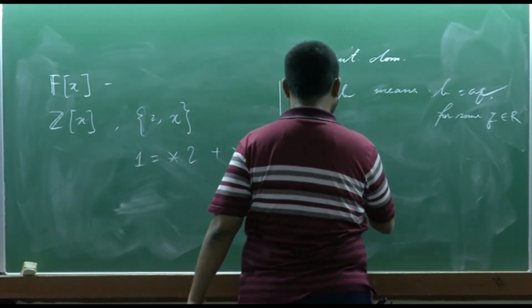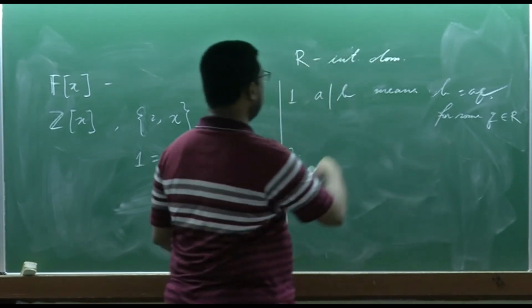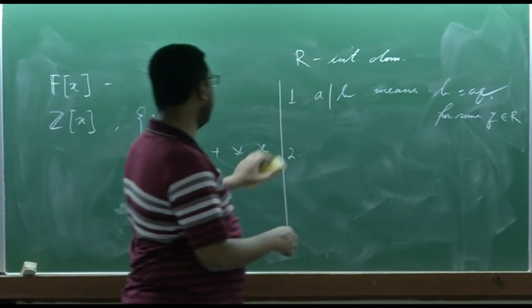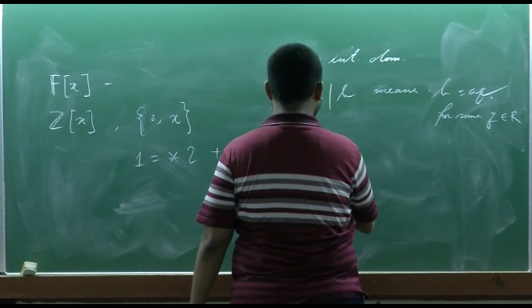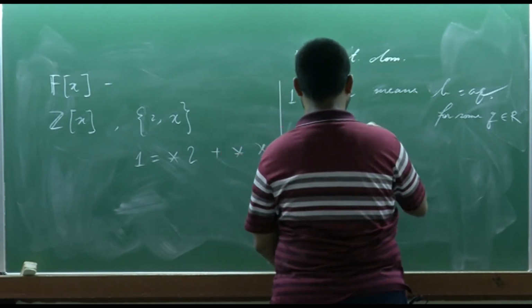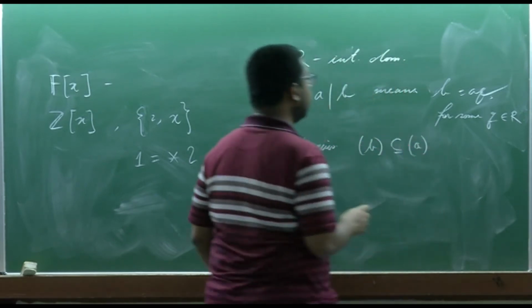So, A is a proper divisor of B. Before that, let me equivalently put this in terms of ideals. So, equivalently, the ideal generated by B is contained inside the ideal generated by A.